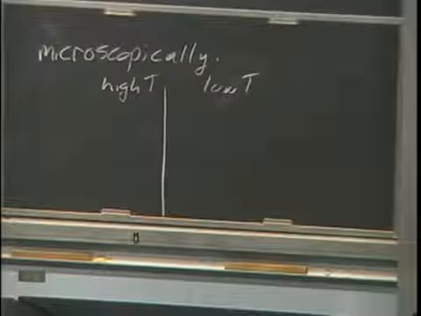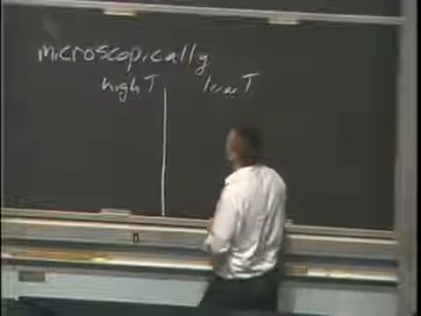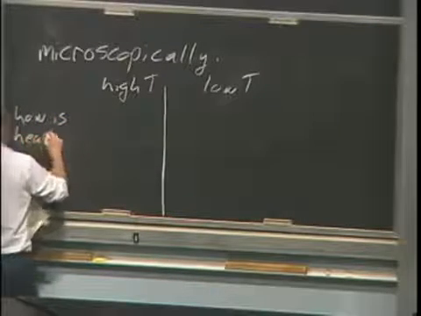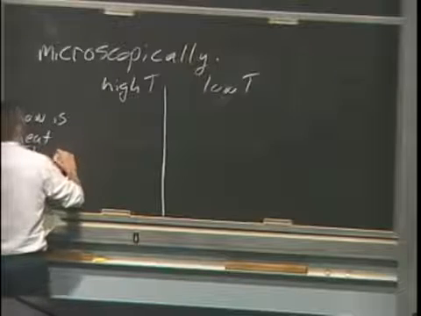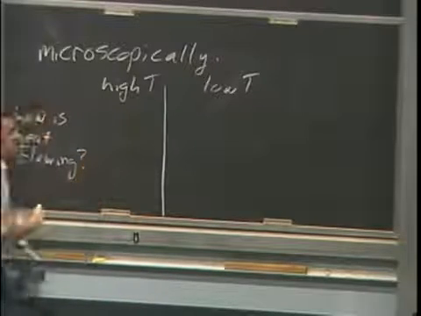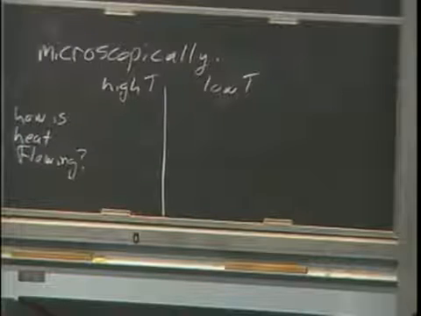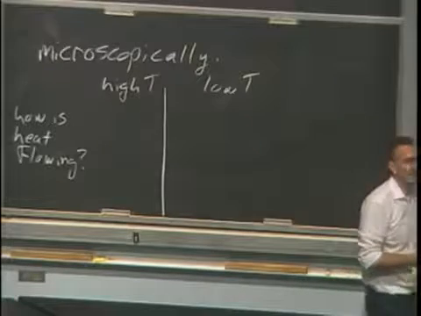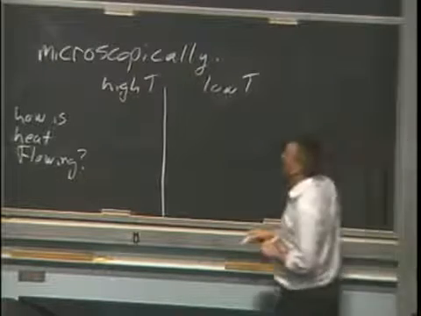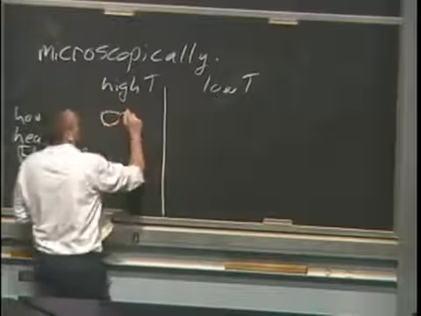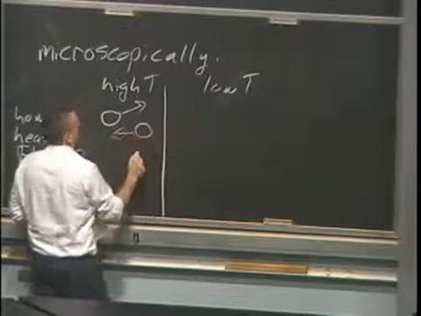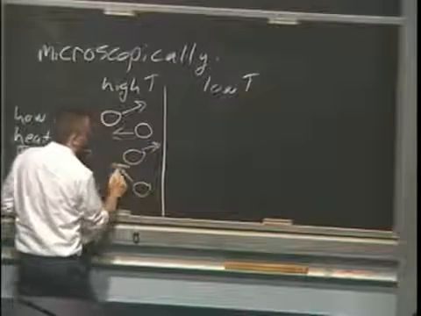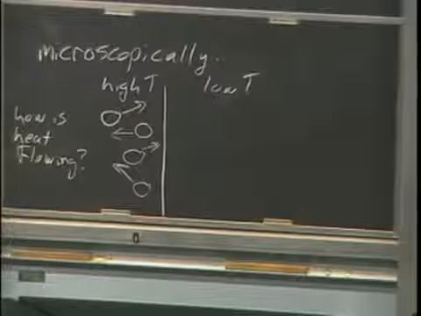What we want to think about is how heat is flowing between these two objects. Remember, heat is the kinetic energy and the potential energy of the individual molecules. So on one side, we have the molecules of this object, which are flying around with some kinetic energy and potential energy.